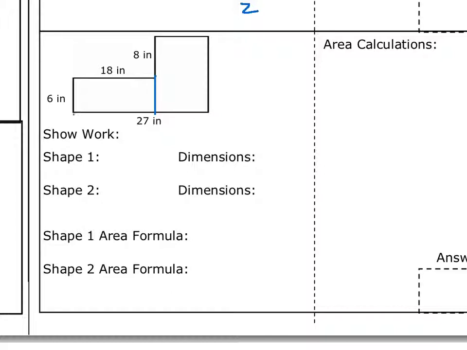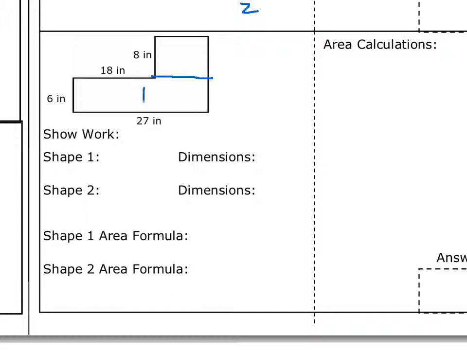I have the length and width of one rectangle, but I don't have the entire length or the entire width of the other rectangle. So which one probably is going to be a little bit easier? The first way that we did it or the second way that we did it? Maureen? Probably the first way. Again, you could have done it either way. This one's just going to require a little bit less work in terms of finding the dimensions that we need.